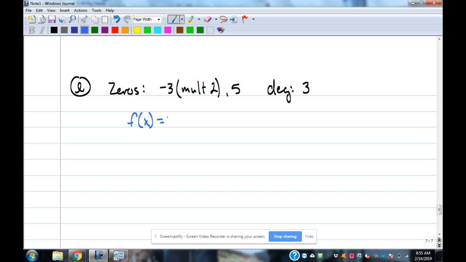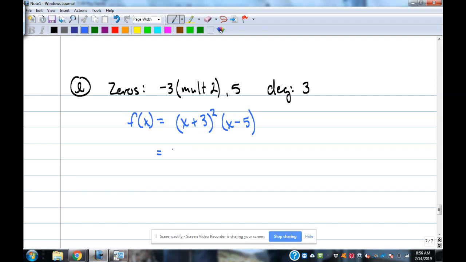Numbers that we have here: (x plus 3) squared times (x minus 5). Okay, x plus 3 for the negative 3, because it has a multiplicity of 2, that's where they're getting the squared part. And then x minus 5 for the 5. Okay? And then we're going to multiply that out.